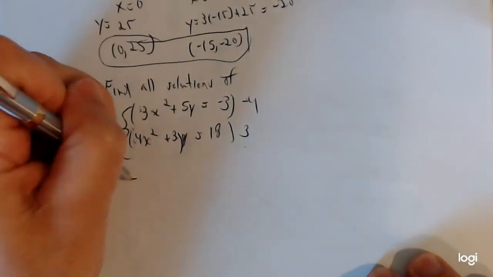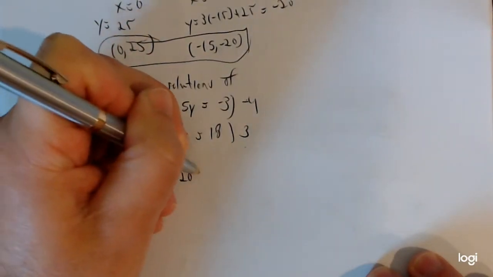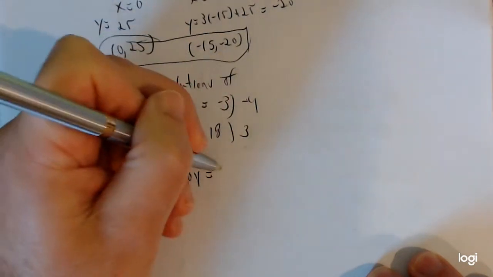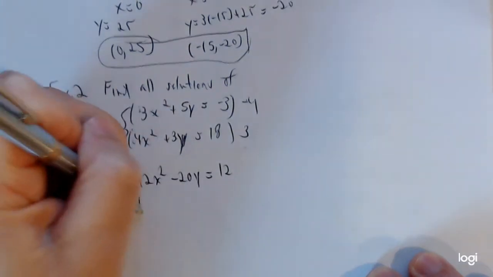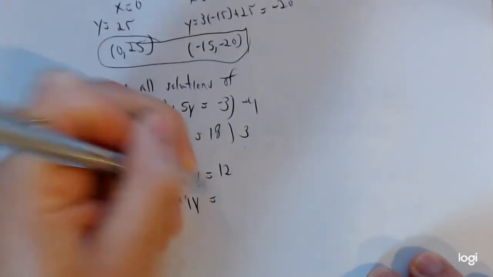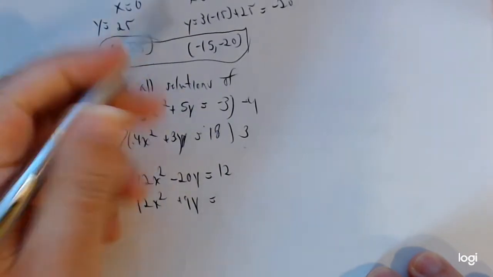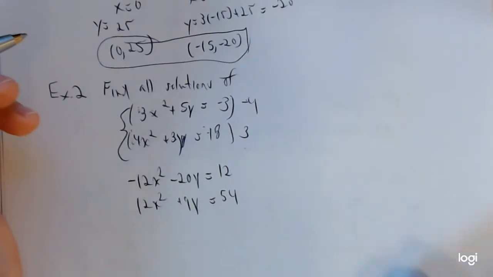I get -12x squared minus 20y equals 12. And then what happens to the bottom one? I'll get 12x squared plus 9y equals 3 times 18, which is 54. Okay?